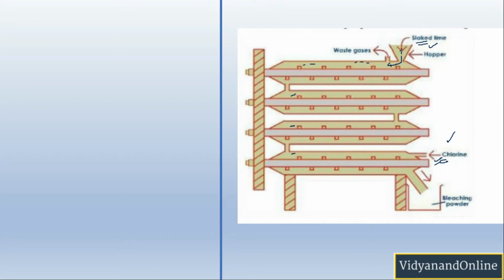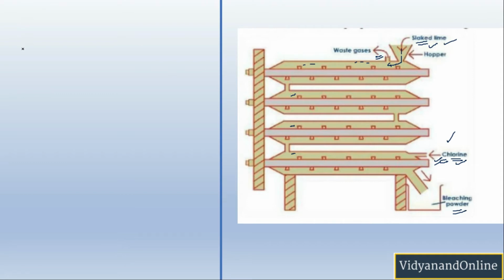The slaked lime is slowly dropped into the first cylinder, then through the blades it is sent to the second cylinder, and so on. In a similar way, the chlorine gas is passed from the last cylinder to the cylinders above. In that way, we ensure that the slaked lime is completely mixed with the chlorine gas to produce bleaching powder. In that process, some waste gases are also produced, which exit from this point.